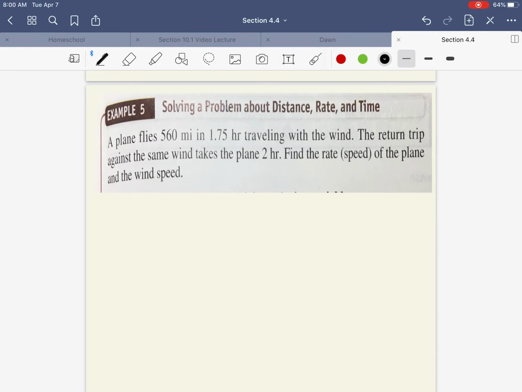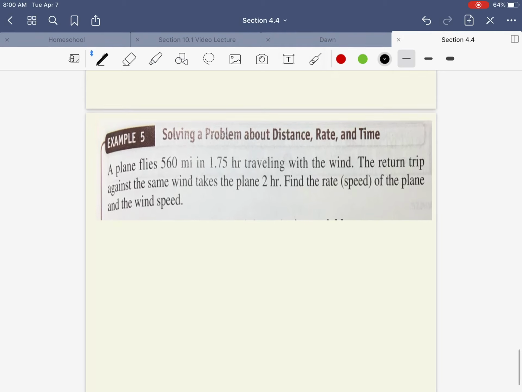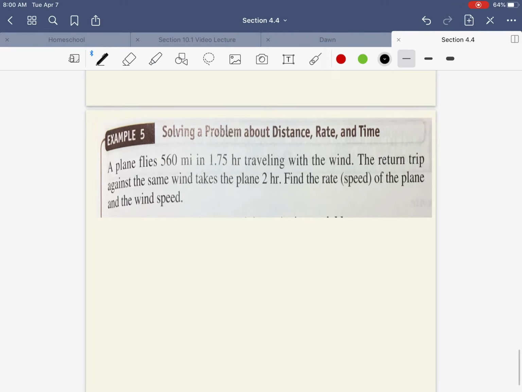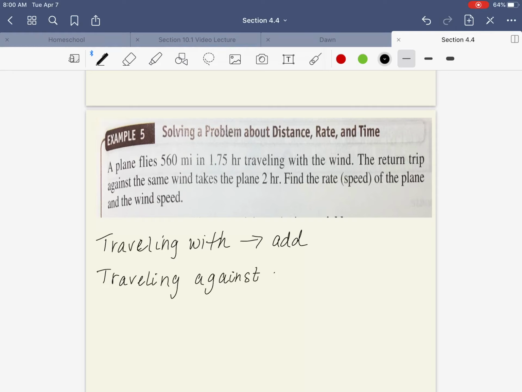So again, let me point this out, that if you are traveling with the wind, you add, and it could be wind, it could be a current, but if you're traveling with it, you're going to add. And if you are traveling against it, you would subtract.